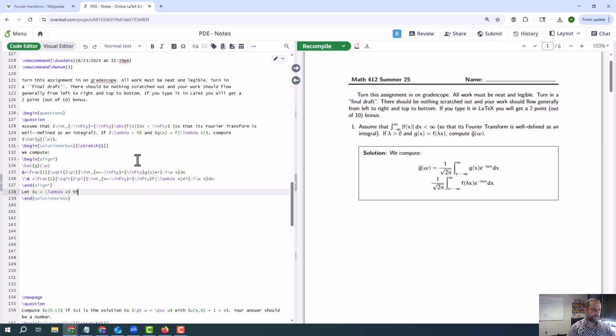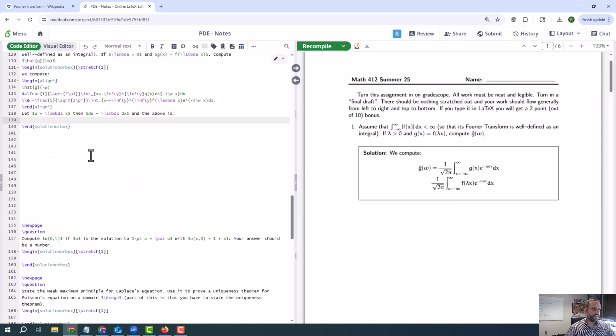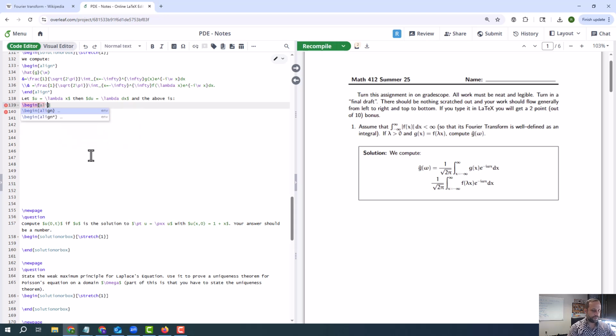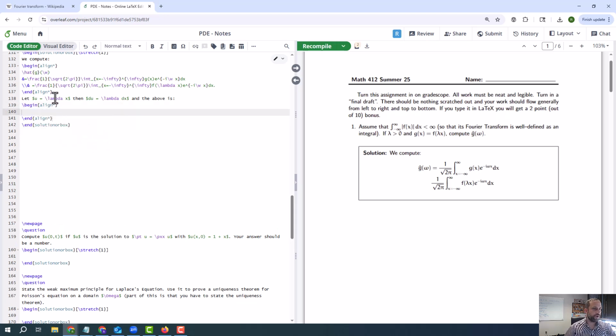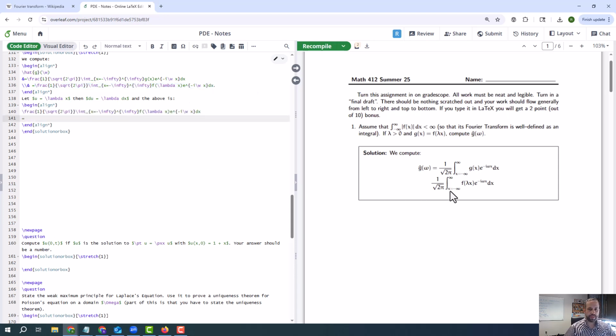So let u equal lambda x, then du equals lambda dx, and the above is, okay, so we're going to have this. Okay, so with the changing of the limits of integration, lambda is greater than 0.